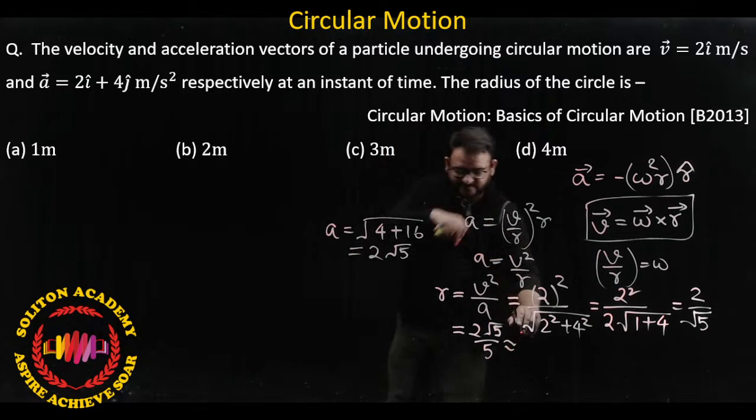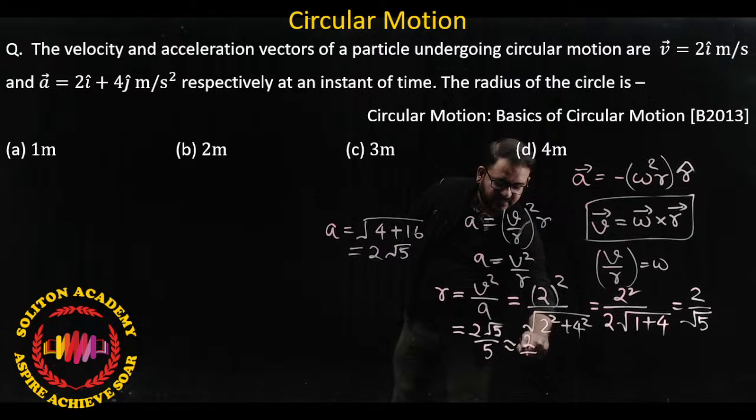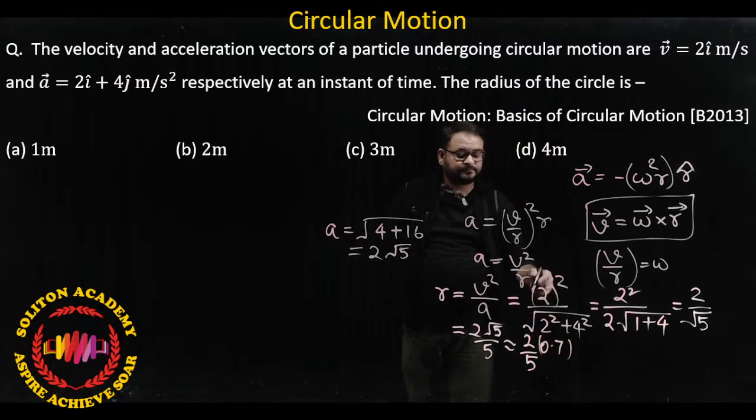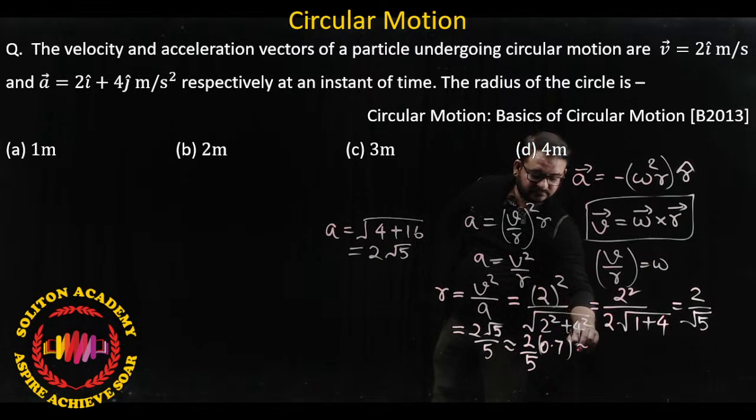This is about 2 by 5 of 0.7, which is 1.4 by 5.